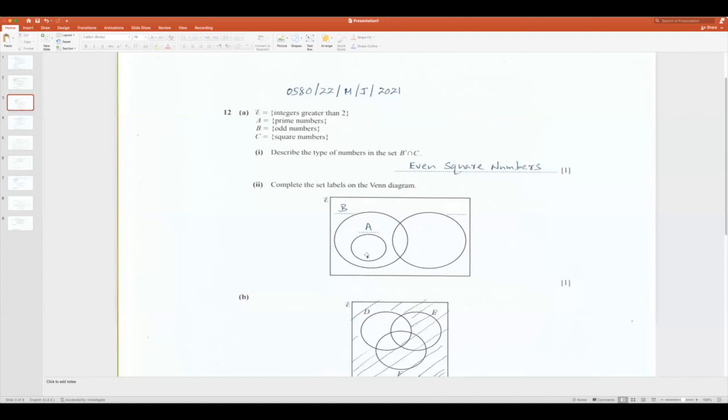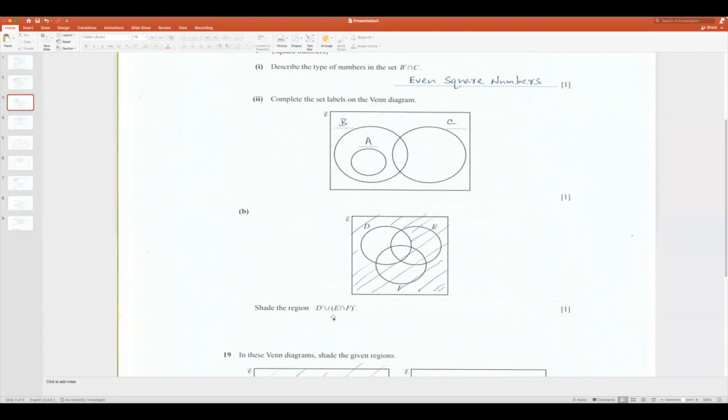B is odd numbers, A is prime numbers. Prime numbers is a subset of odd numbers. And this is C, square numbers. Square numbers have even numbers and odd numbers, so this intersection is there: odd square numbers and even square numbers.